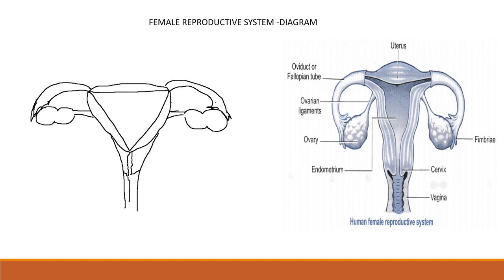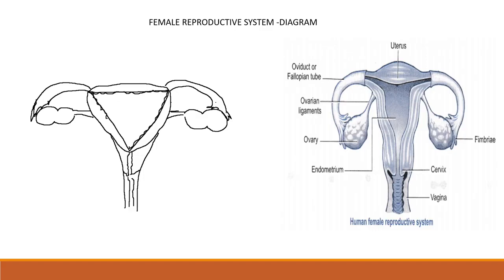This is a vagina. Clear? Here, if you want, make it more curvy. It is quite straight. So this is the endometrium, the walls of the uterus.